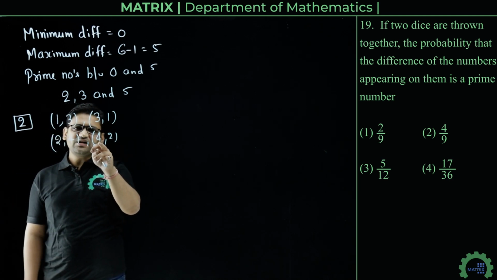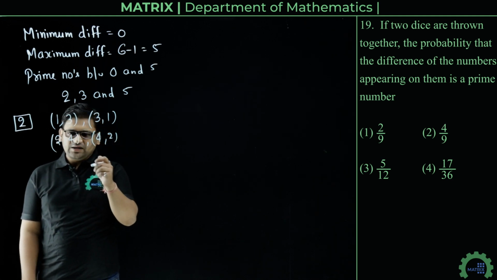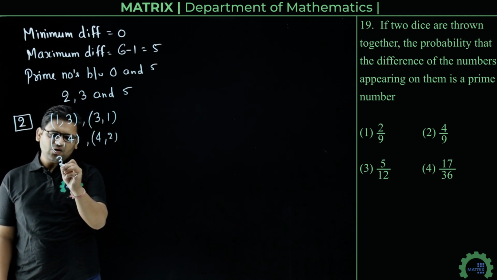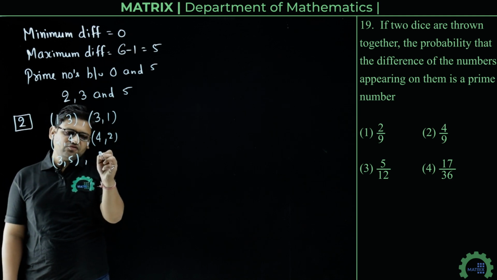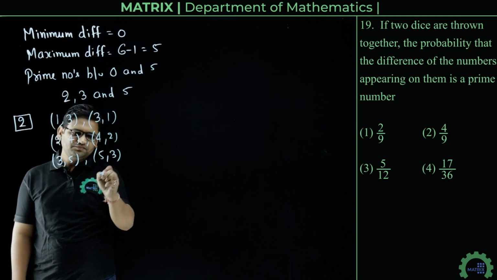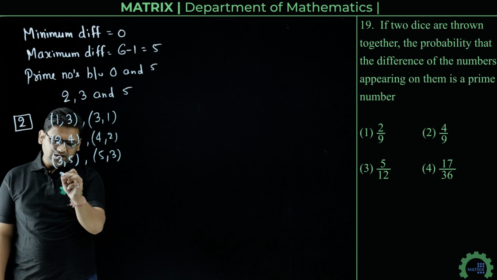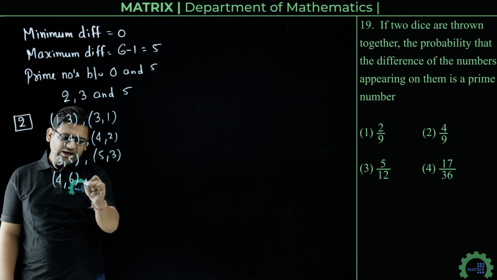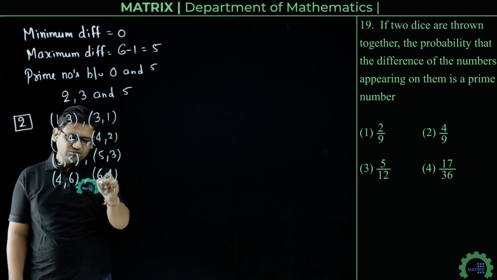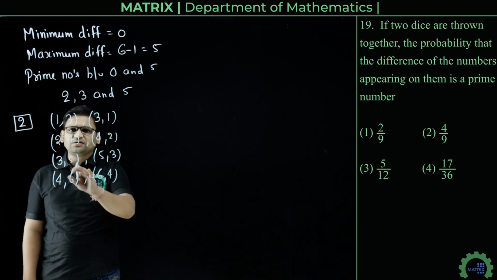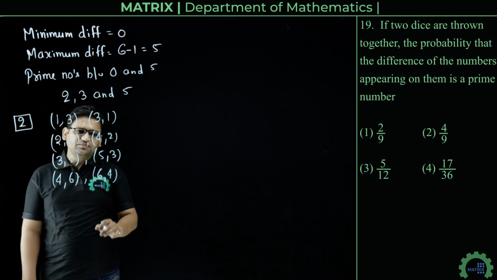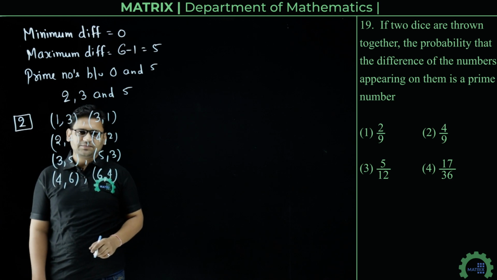Similarly on first dice if the number is 4 and on the second dice the number is 2, the difference is 2. And more cases 3 comma 5, 5 comma 3, then 4 comma 6 and 6 comma 4. Now these are the total cases for the prime number 2, that is total number of 8 cases are there.